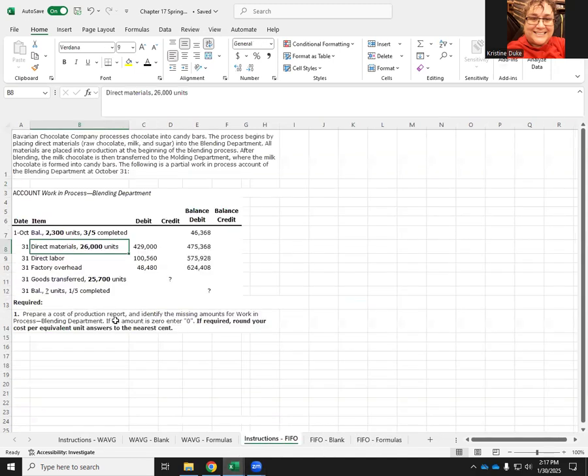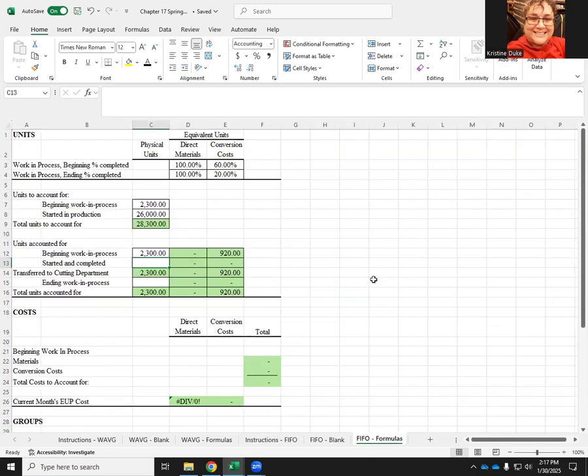The instructions say that I transferred over 25,700. First in, first out: of those transferred, the 2,300 beginning work in process is in there. So now we need to figure out how much we started and completed. I take that 25,700, subtract what was in the beginning work in process, and I get 23,400.